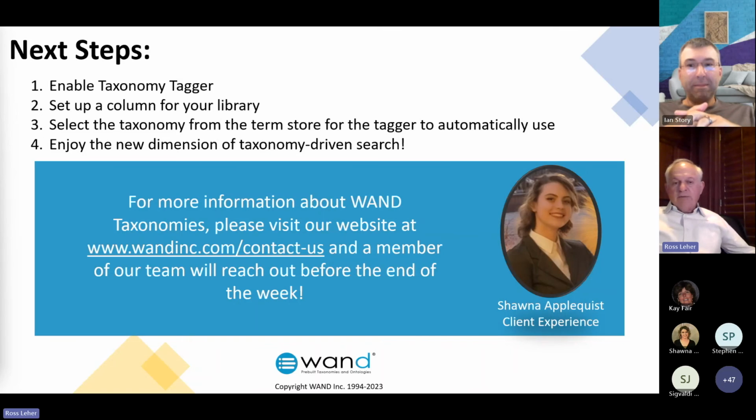Select the taxonomy from your term store for the tagger to automatically use, and then enjoy the new dimension of taxonomy-driven search. I'm suggesting as next steps for everybody on this call, give it a shot, give it a try. You'll have some fun with it, and you'll see your SharePoint library becomes a smart library.